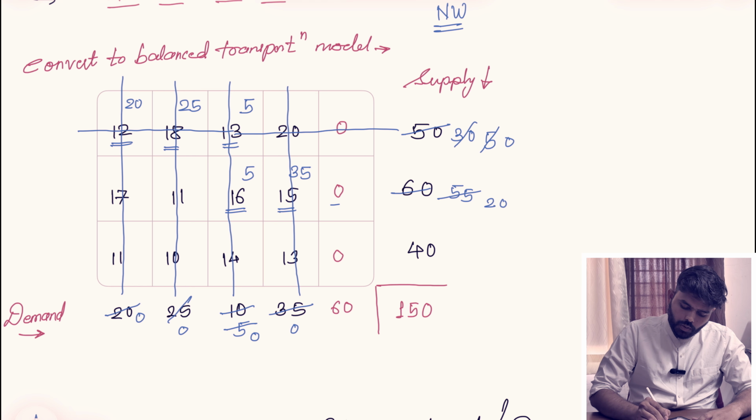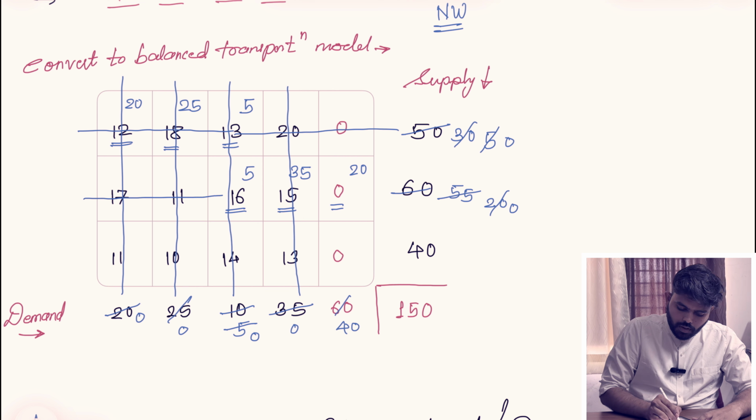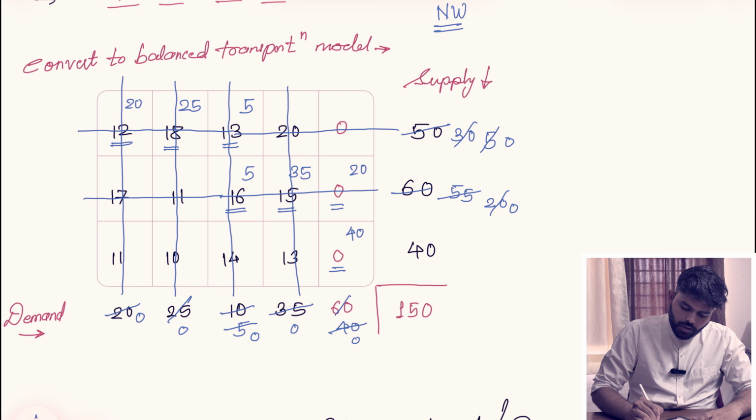Here 0 is the northwest corner, so we can allocate 20 here. So this 20 becomes 0 and this 60 becomes 40. And finally we are left with only one cell value, that is 0. So we will be allocating all the 40 which is left to that particular cell value.